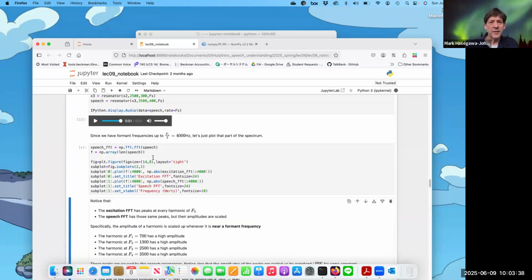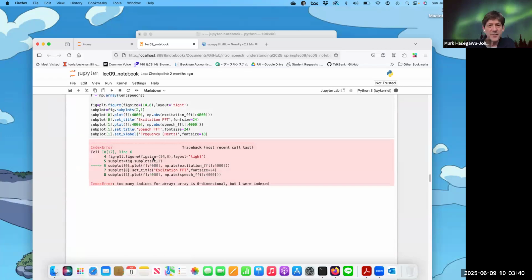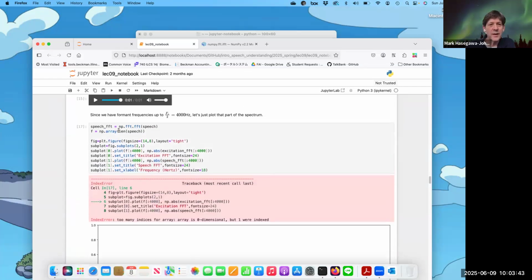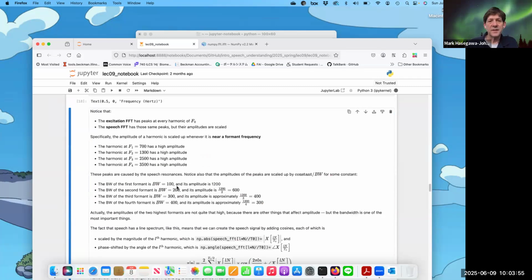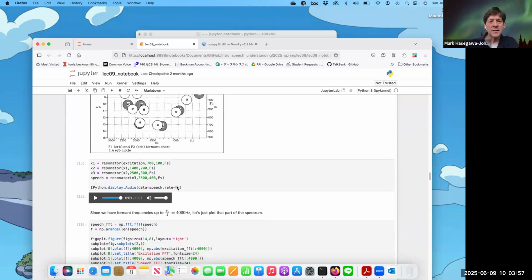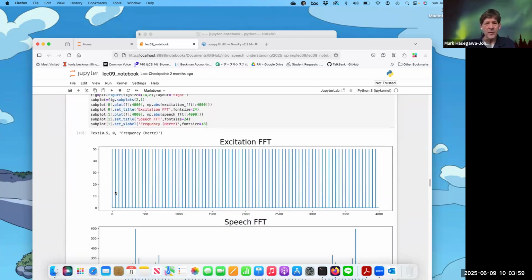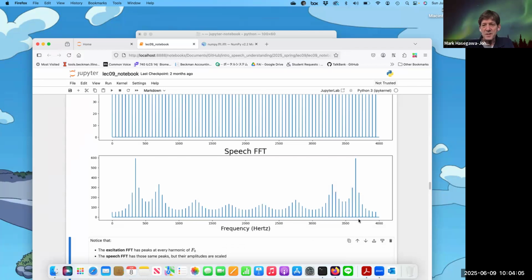Let's see, will that work? Just make a sample array up to length 4000. No, that didn't work either. Oh, np.zeros with a length of... np.arange is what I want here, isn't it? Let's see if that works. Yeah, there we go. So that gives me the excitation FFT, and here's the speech FFT with, oh, this is 8000 samples.